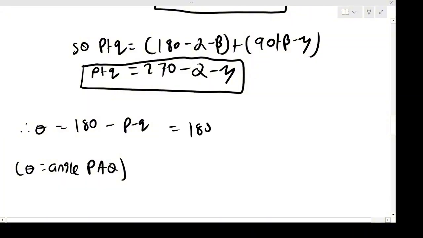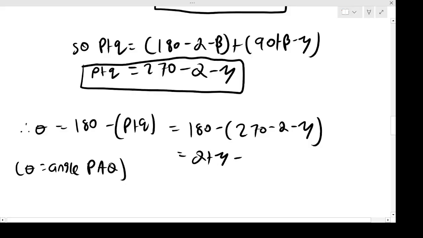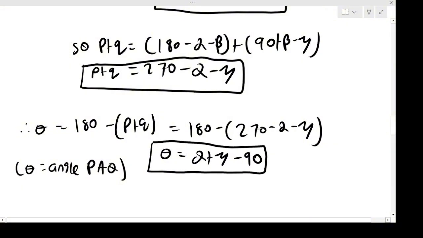So it's going to be 180 take away P and Q. So it's going to be 180 take away 270, take away alpha, take away gamma. So if I simplify this, I'm going to get alpha add gamma take away 90. Okay, and there we are. So how can I use that then?